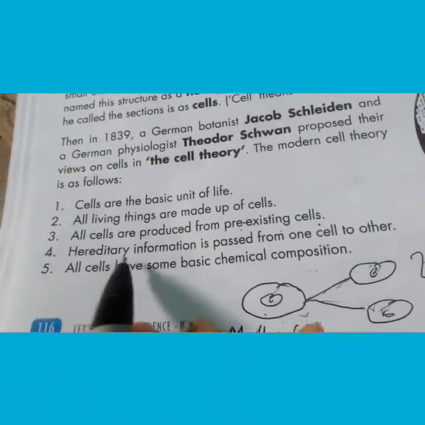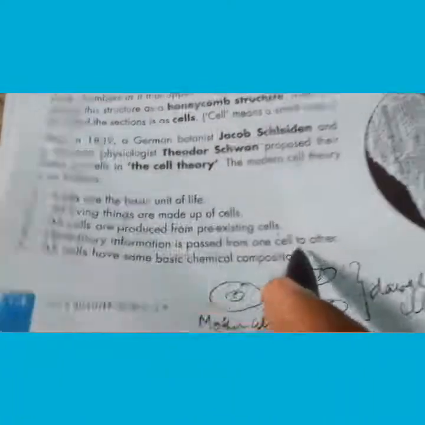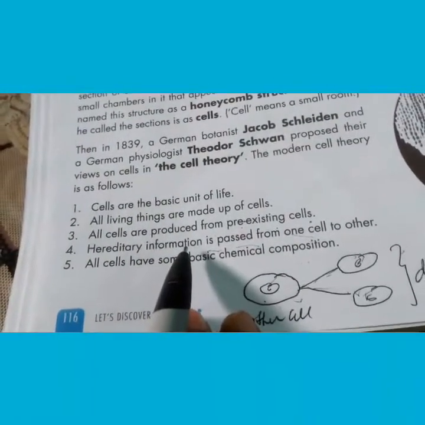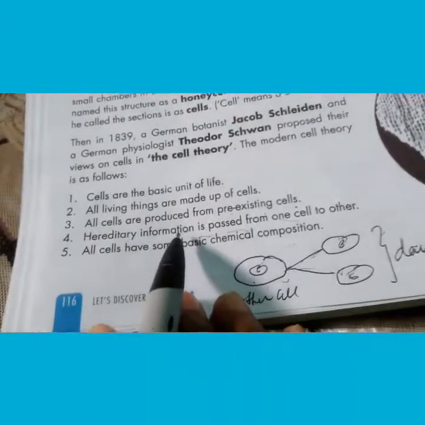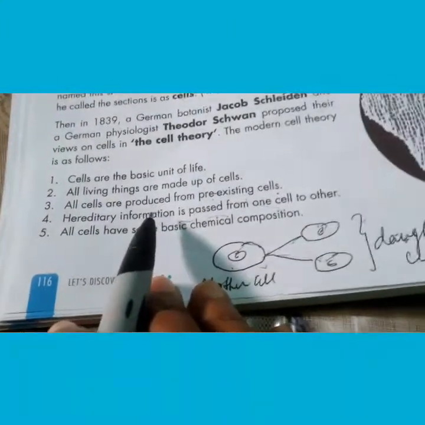The fourth one is that hereditary information is passed from one cell to another. Hereditary information means our parents' characters are passed to us through cells.